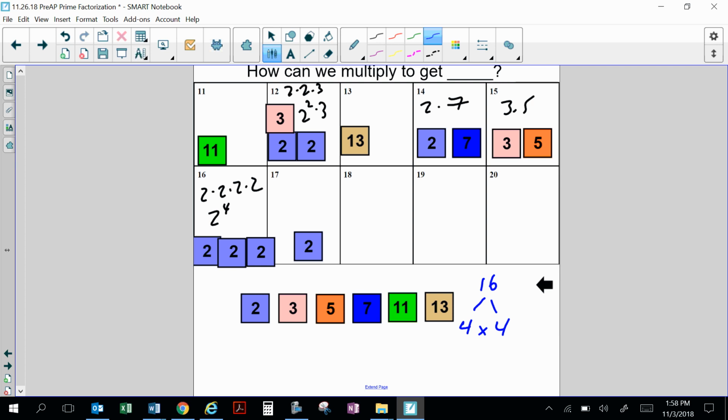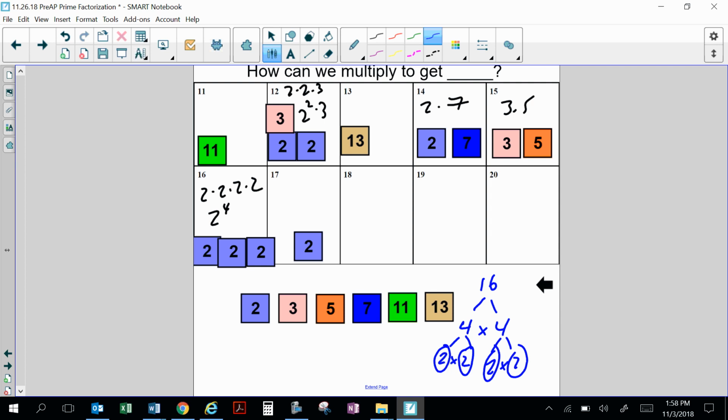Can 4 be broken down again? Yes, it can, by 2 times 2. So you circle these 2 so that these are the factors that make up 16. What about this 4? Can this 4 be broken down? Yes, into 2 times 2. And so we see 2, 2, 2, 2, or 2 to the 4th power.